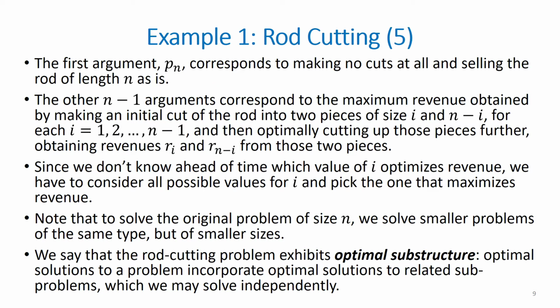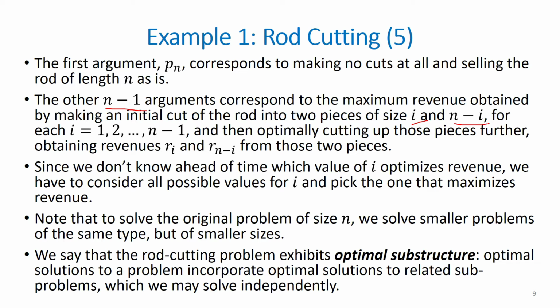In the equation for Rn, observe that the first argument Pn is the cost of selling the rod without any cuts. The remaining n-1 arguments yield the maximum revenue obtained by making a cut that divides the rod into 2 pieces, one of length i and the other of length n minus i.